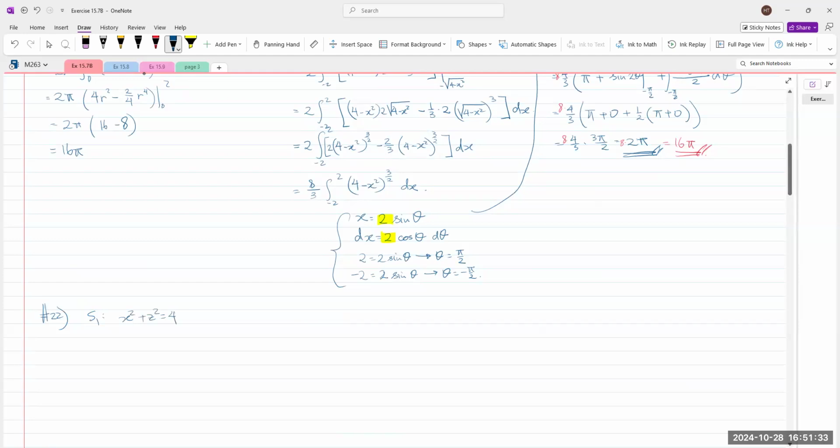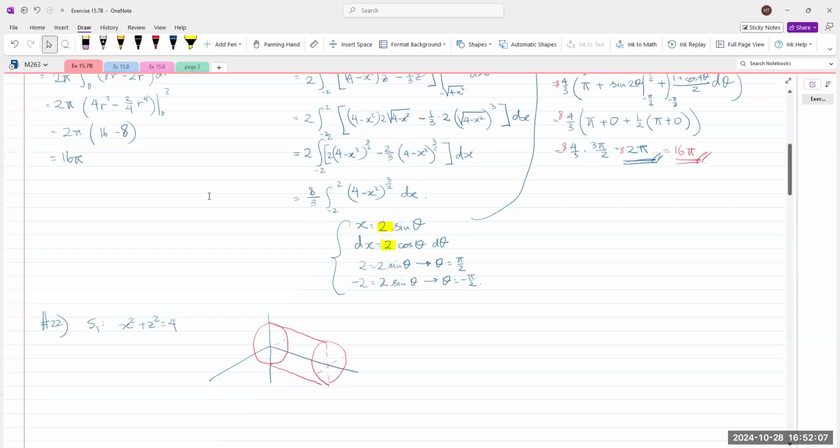Notice that this is a cylinder parallel to the y-axis, with radius 2.